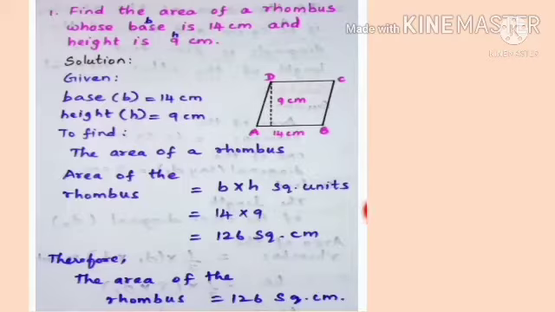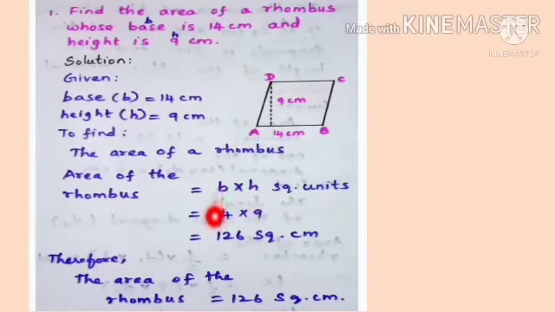And the second one is when the diagonals d1 and d2 are given, the area of the rhombus is half into d1 into d2 square units. Here we are using b into h square units because the base and height are given.